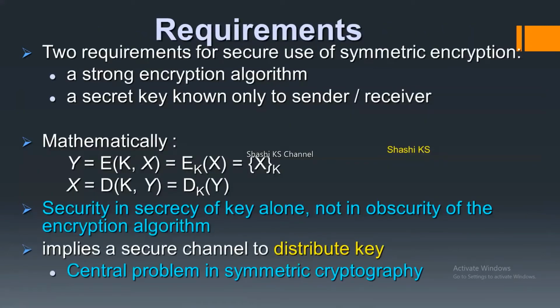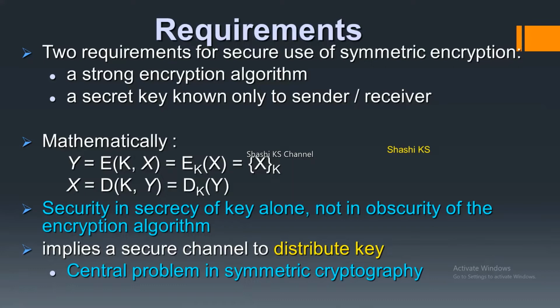Basically, there are two requirements for the secure use of a symmetric encryption scheme. As I told before, it all depends on the encryption algorithm and the key. The encryption algorithm is not kept secret, but the key is kept secret, known only to the sender and the receiver. The encryption algorithm is known to everyone, so it has to be as strong as possible.